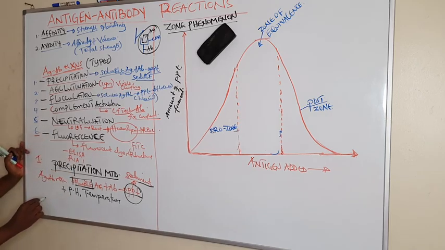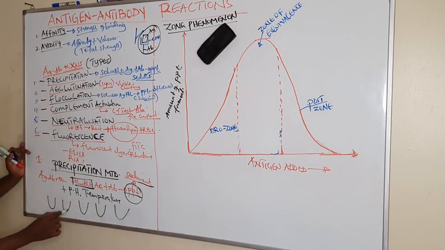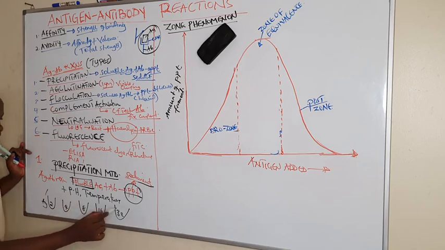method we shall get different tubes, and in these different tubes we shall put increasing amounts of antigen. If here we put 2 antigens, we are going to put different amounts of antigen: 2, 4, we shall put 8, we shall put 16 and 32.